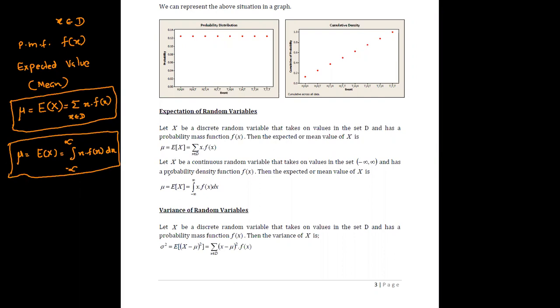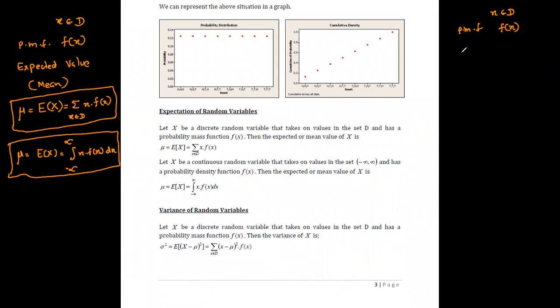And now we will discuss how we can obtain the variance of a random variable. Taking the same notation, x belongs to D, and the probability mass function is given as f(x) for the discrete case, and the PDF is f(x) for the continuous case.